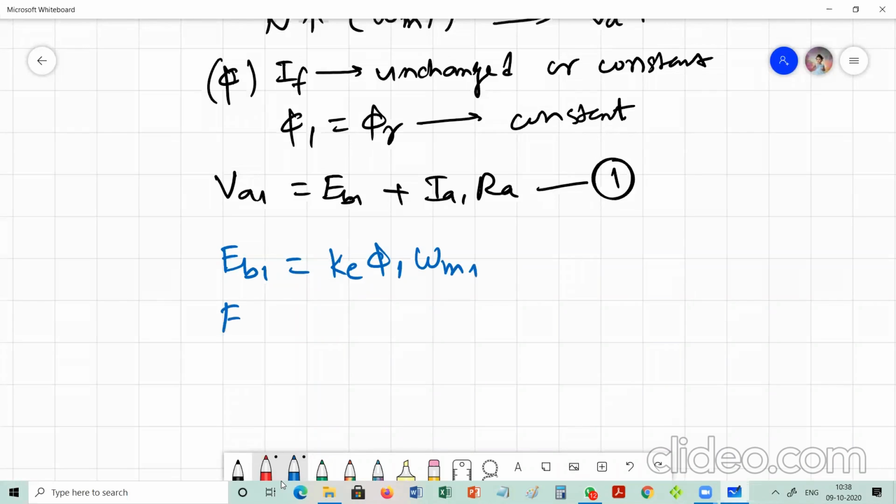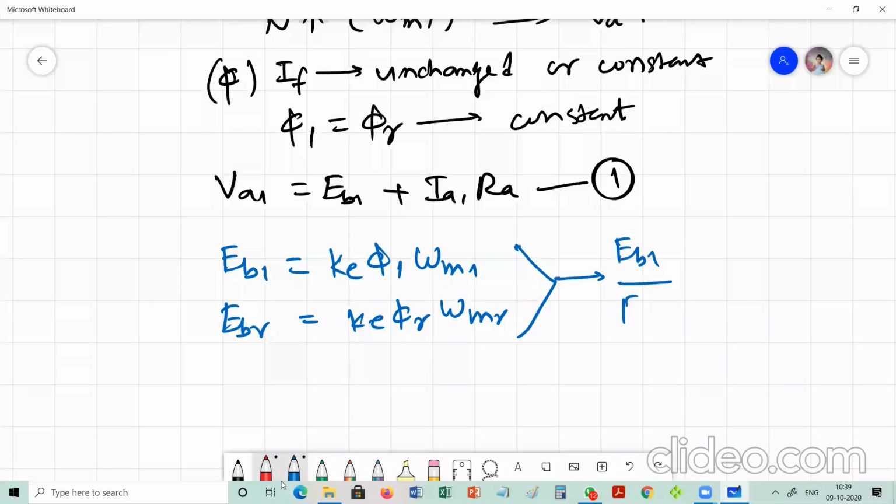Similarly EBR is equal to KE phi r omega mr. These both give the ratio EB1 by EBR is equal to KE phi 1 omega M1 divided by KE phi R omega MR. We know that the flux during the armature voltage method is going to be constant, therefore they will get cancelled.